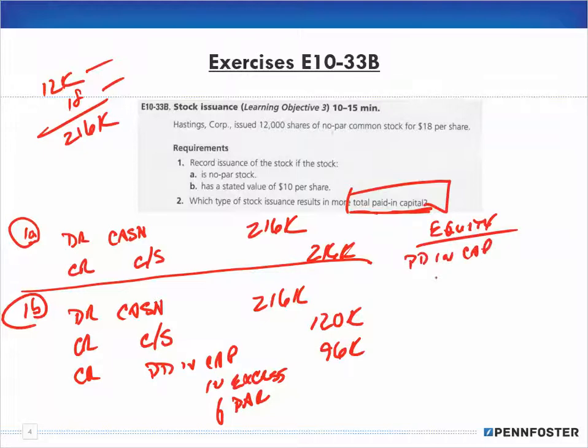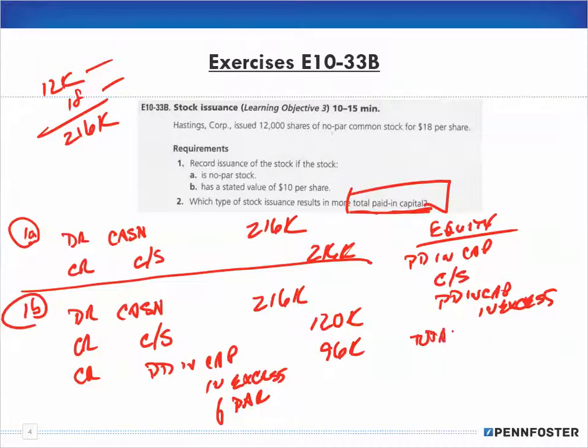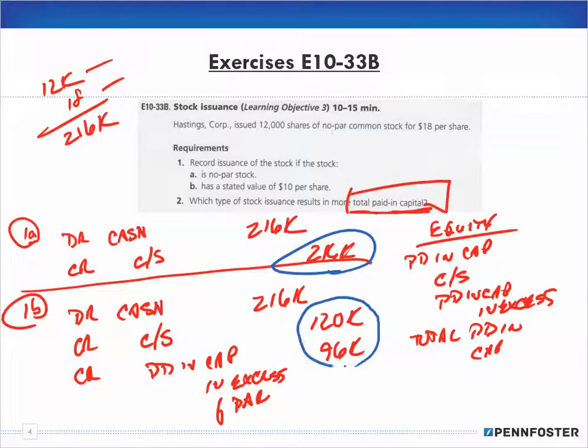And in the paid-in capital section, we'll have preferred stock or common stock. And then we'll also have our paid-in capital in excess. Okay. And that will give us a total paid-in capital, right? Well, in this case here, our total paid-in capital for the situation A is 216,000, and for situation B, it's 216,000 because it takes into consideration the common stock and the paid-in capital in excess of par.